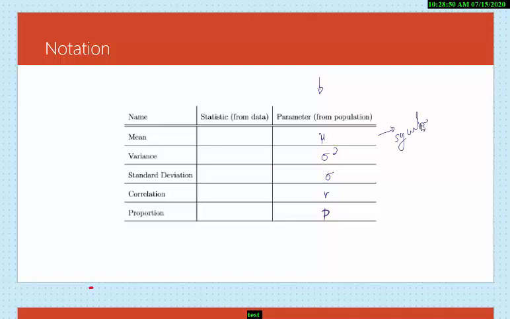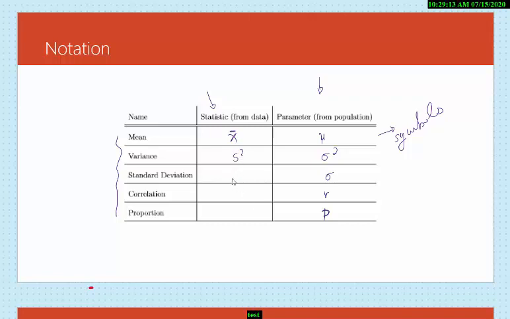Now, when we refer to statistics, meaning measures that come from samples, we have the same names like the ones that you see here, but the difference is that we are using different symbols. So for the mean, we call it X bar. For the variance, we call it S square.